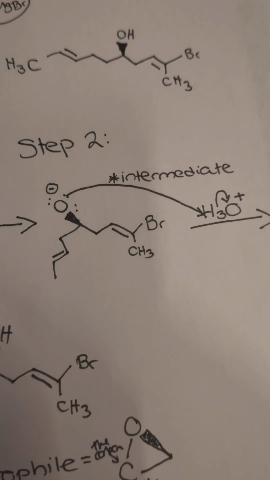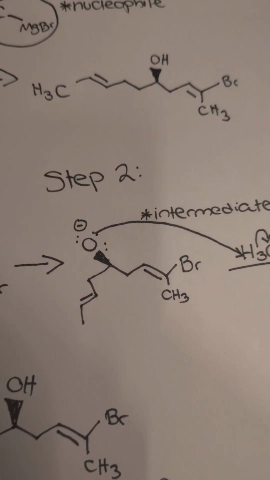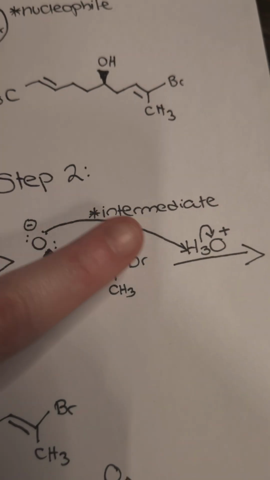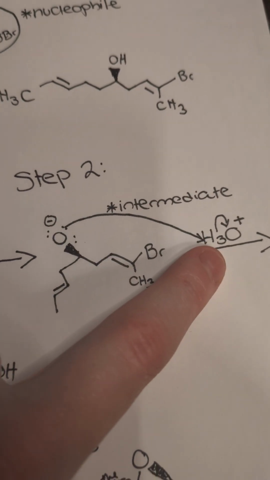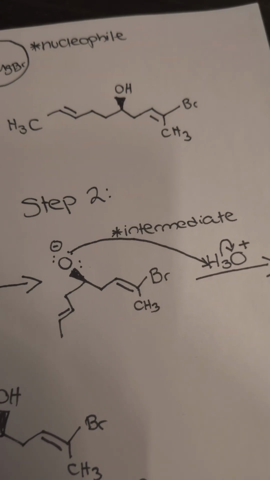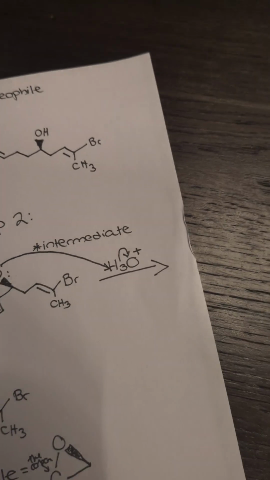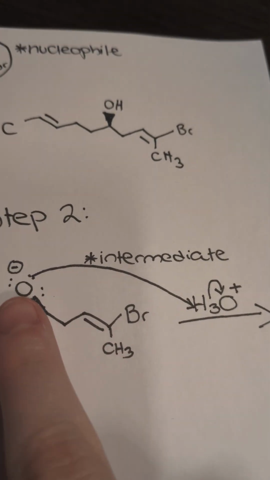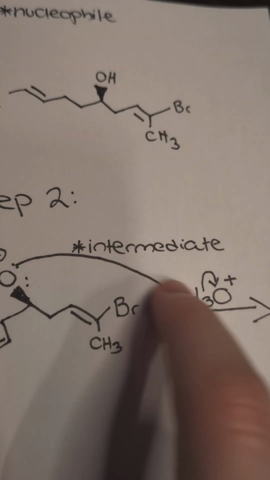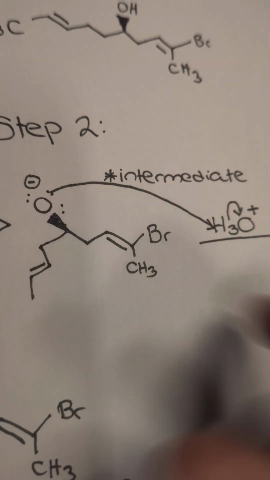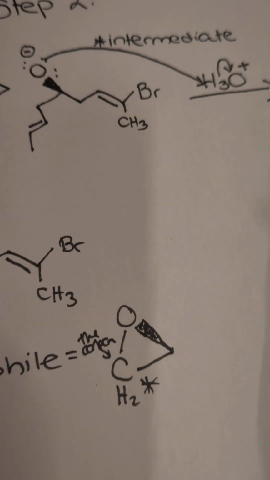From here, it's going to undergo a neutralization reaction. Basically, we're going to remove the negative charge on that oxygen atom, and we're going to do that by using H3O plus. These electrons are going to flow to one of the hydrogen atoms on the H3O plus and grab a proton.